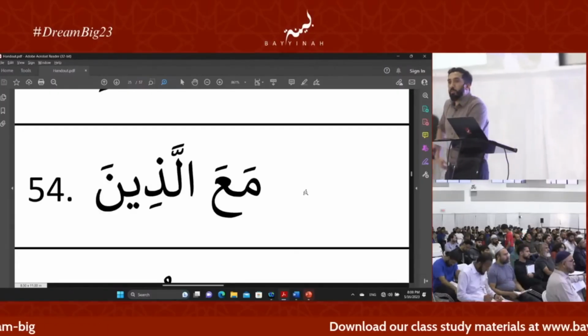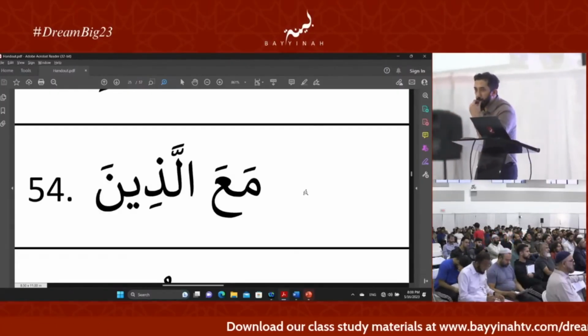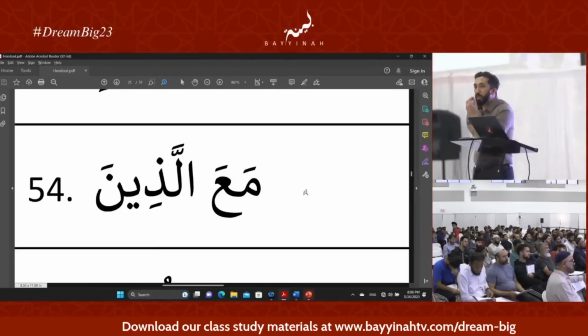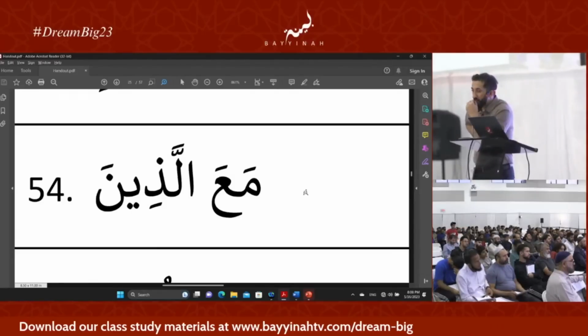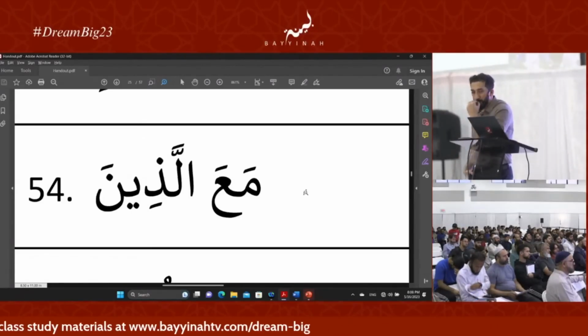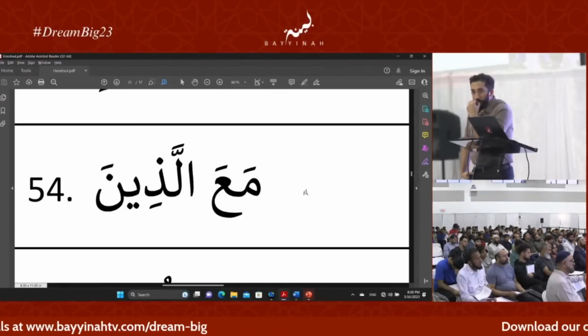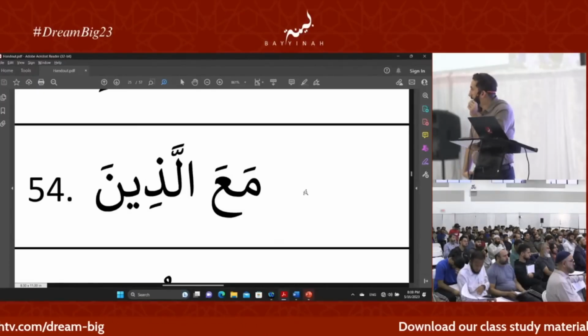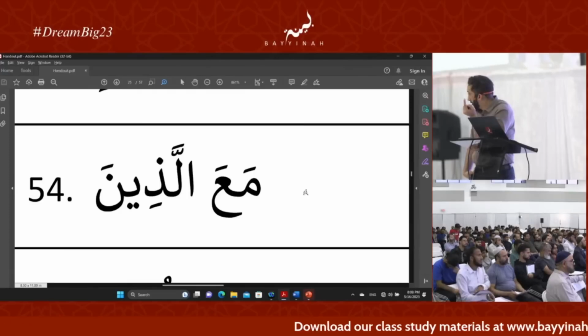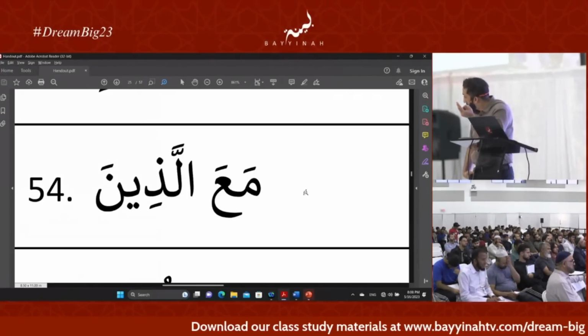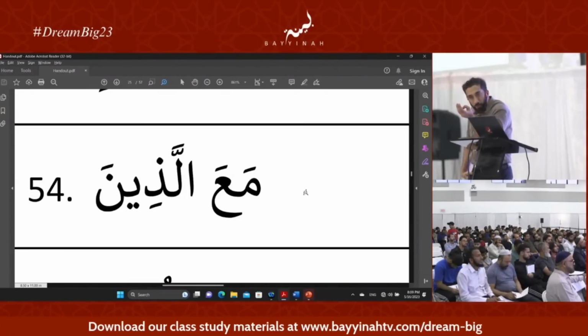I'll tell you something about alladhina. Alladhina is non-flexible. What does that mean, that it's non-flexible? The rafa' version of alladhina is alladhina. The nasb version of it is alladhina. The jar version is also alladhina.